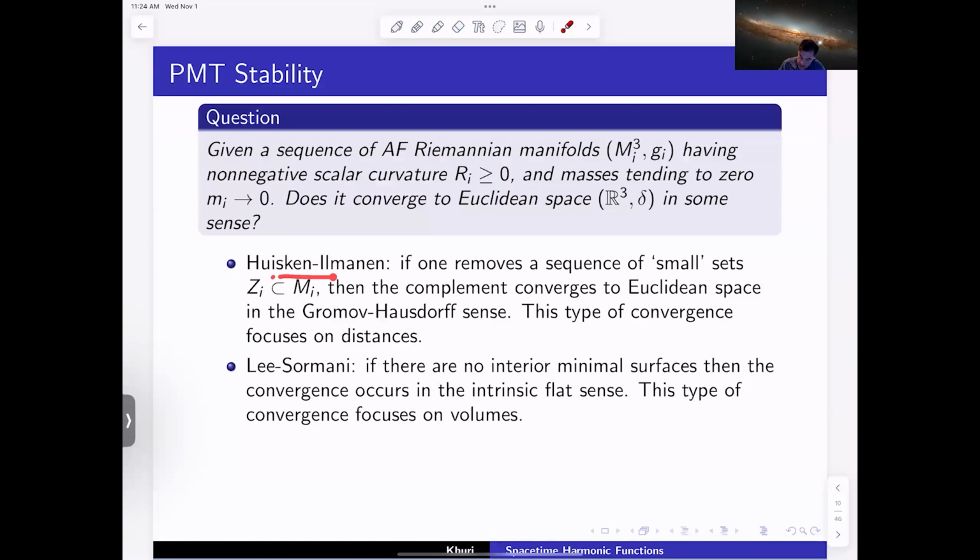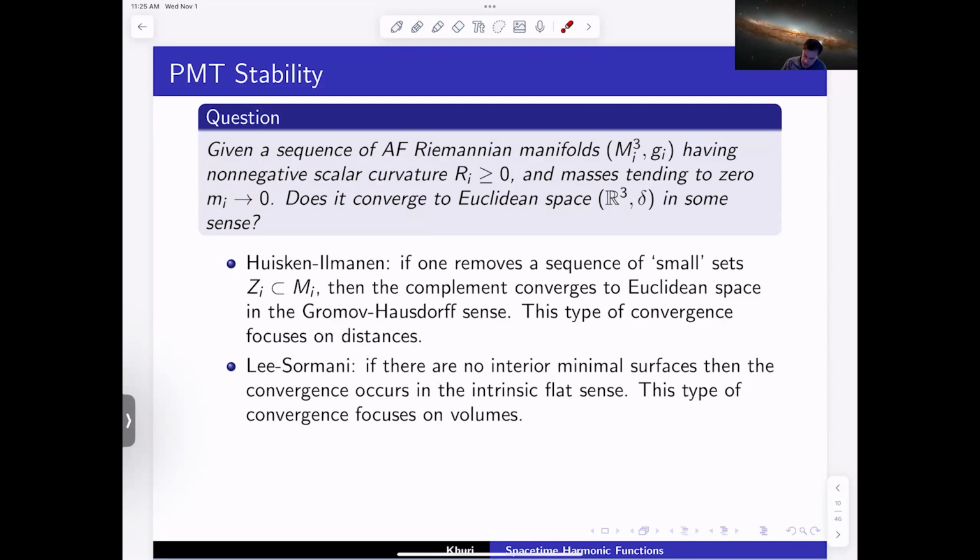One is by Huisken and Ilmanen, which appeared at the end of their paper on the Penrose inequality over 20 years ago. And their idea was that there should be some sets of small size in the sequence that you can extract, and then outside those sets, the remaining manifolds should converge to Euclidean space in the Gromov-Hausdorff sense.